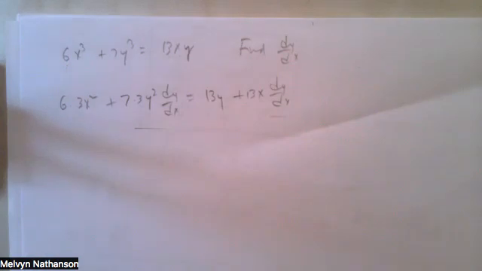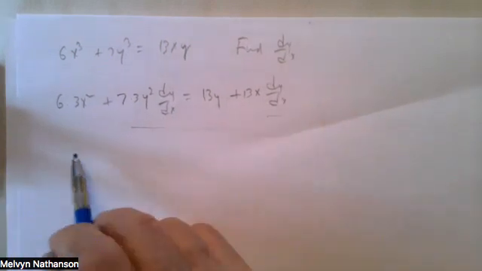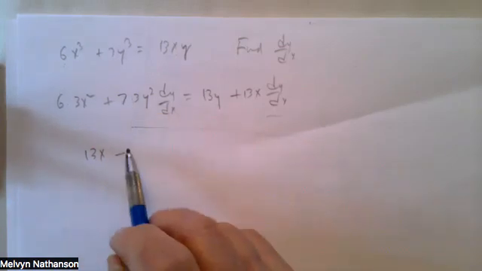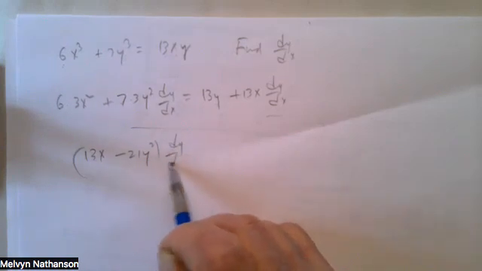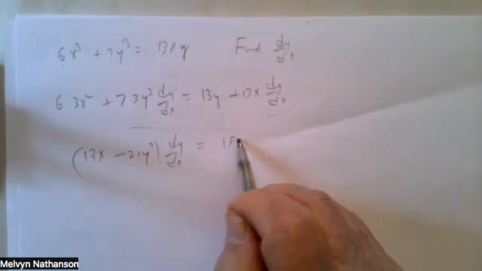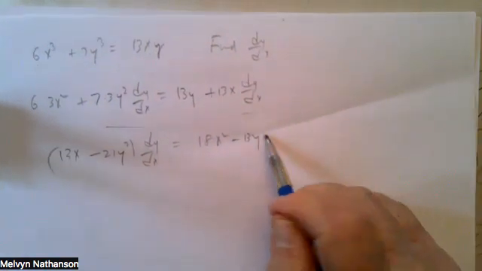So we have 2 terms that involve dy dx. I bring this term over to this side. I have 13x minus 21y squared, times dy dx, equals 18x squared minus 13y.